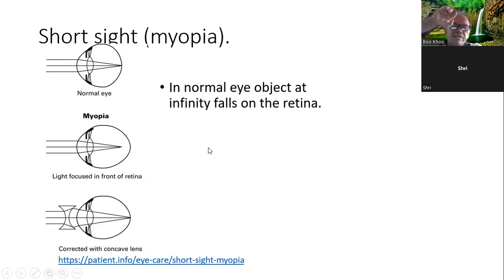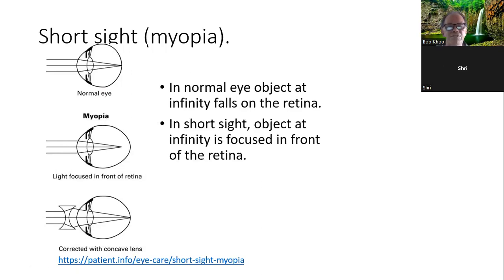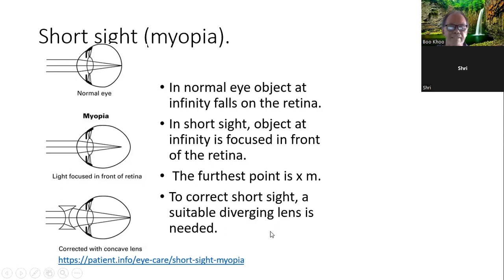In a normal eye, object at infinity falls on the retina. For short sight, object at infinity is focused in front of the retina. The furthest point is a distance x meters. That means you cannot see very far beyond x, depending on the person. To correct for short sight, a suitable diverging lens is needed.